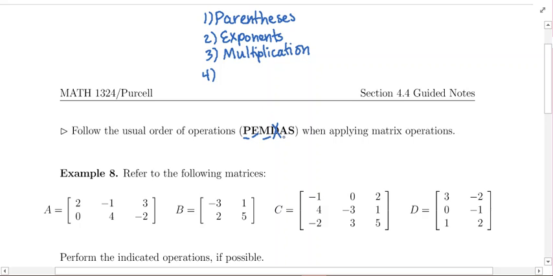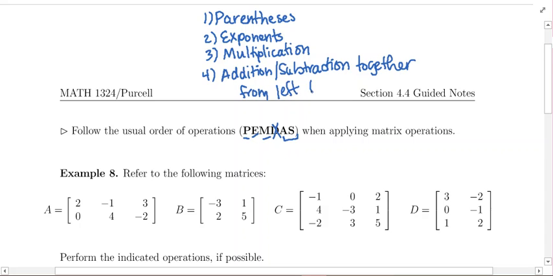The same thing will happen here. You do addition and subtraction together from left to right. So remember what that means. If you had matrix A minus matrix B plus matrix C, where you had both addition and subtraction involved, you would do them together from left to right.